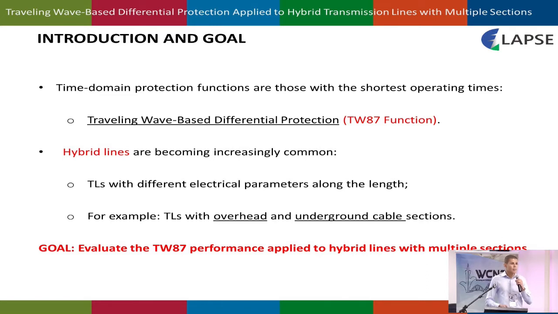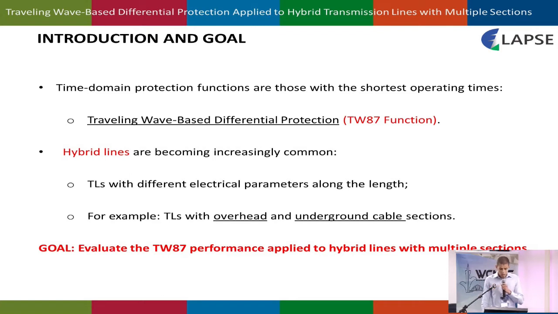You can define hybrid lines as transmission lines with different electrical parameters along the length, for example, transmission lines with overhead and underground cable sections. Well, with that said, the goal of this paper is to evaluate the TW87 performance applied to hybrid lines with multiple sections.